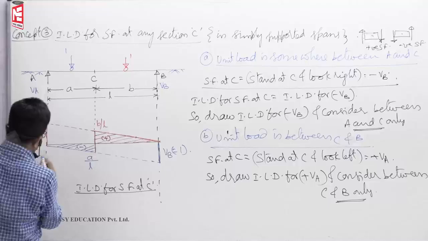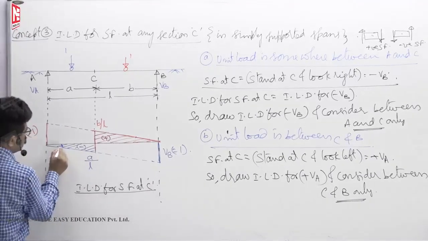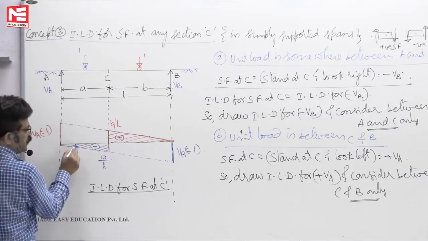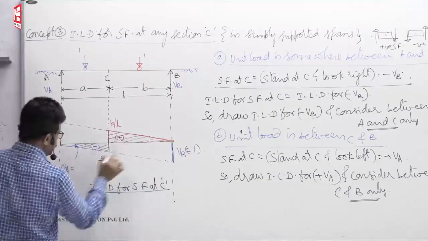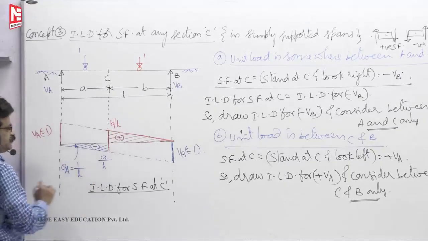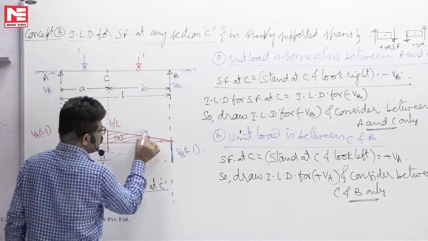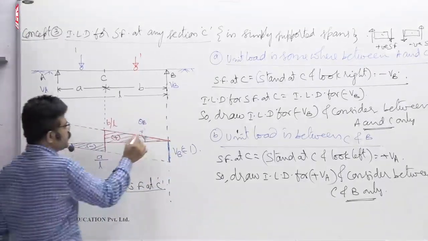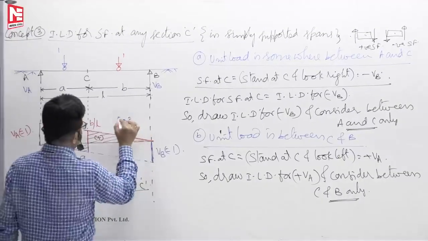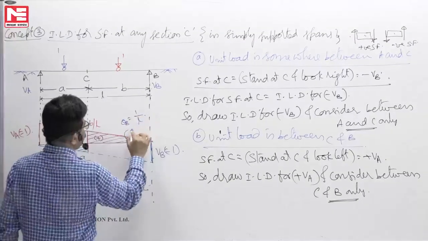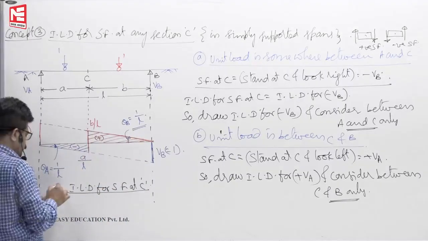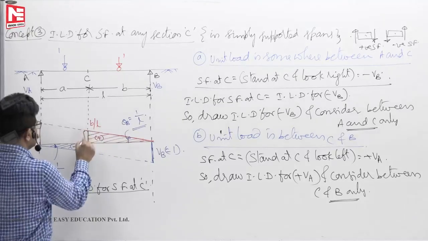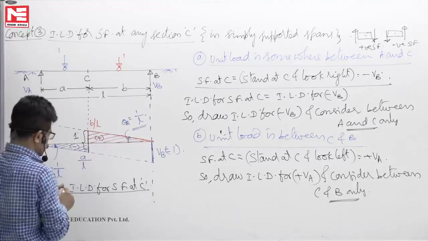If I take this slope here, see, clockwise it is rotating, theta A. Tan theta A is nothing but theta A, opposite side by adjacent side, so 1 by L. Here this slope, let us say theta B. You can see that this is also rotating clockwise. Opposite side by adjacent side, 1 by L. What's the total ordinate from here to here? It is 1. This total ordinate is 1.